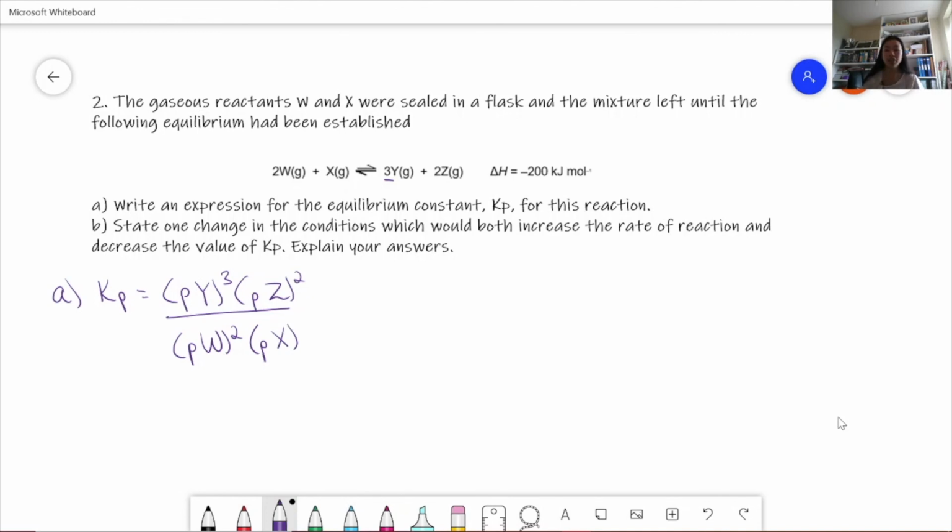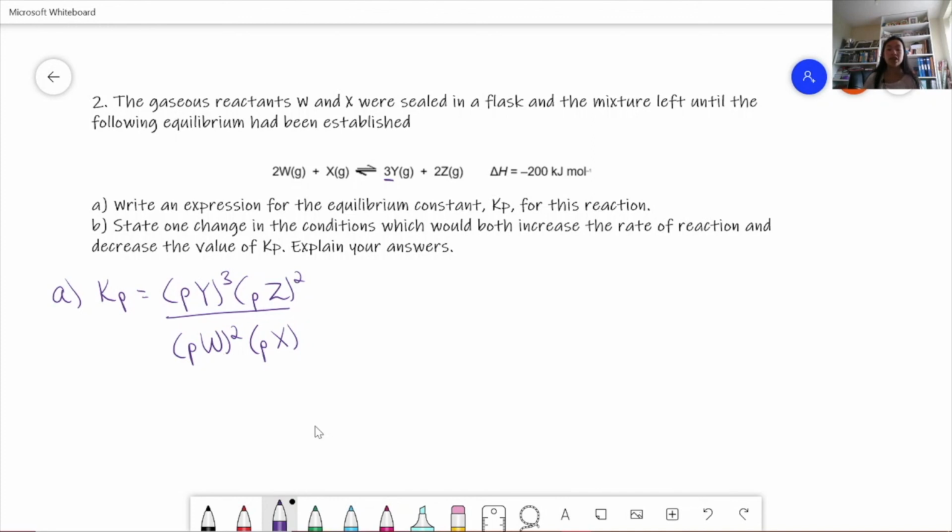And that's our expression. So for B, state one change in the conditions which would both increase the rate of reaction and decrease the value of Kp, and explain your answers. So first let's think about Kp, and we know that only 2 things can change the value of the Kp, and that is either change the temperature or the pressure. And that's because if we change concentration and use a catalyst, it doesn't change the value of Kp. And so we've only got 2 options. And first let's consider pressure.